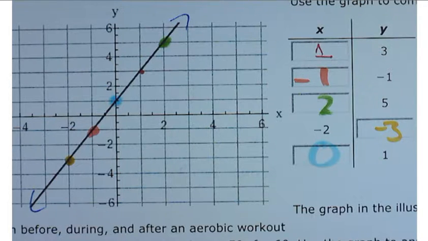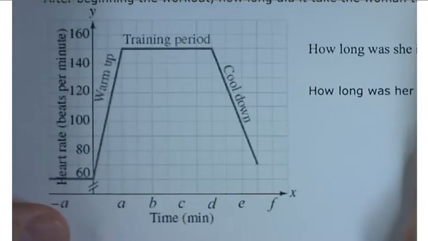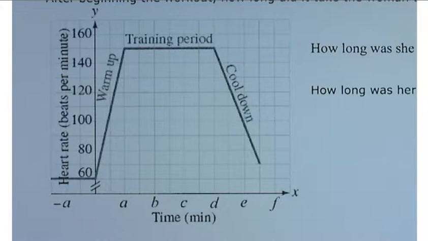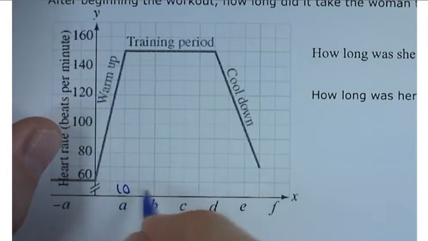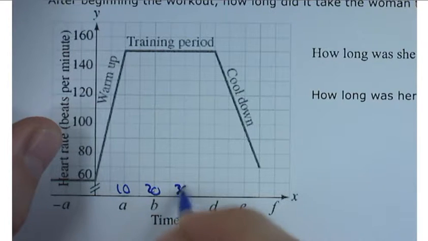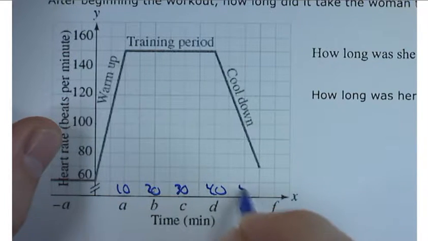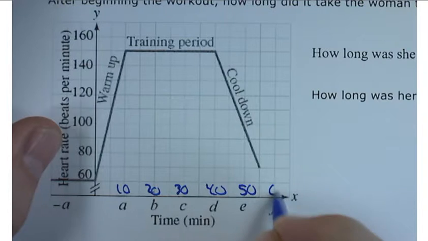Let's actually start moving into some of the applications of using this. It's going to start with problem number 20, which is a very idealized graph of somebody's heart rate during a workout. Almost laughably idealized. Let's start by labeling these things. They tell us that this is 10, this is 20, 30, 40, 50, 60.